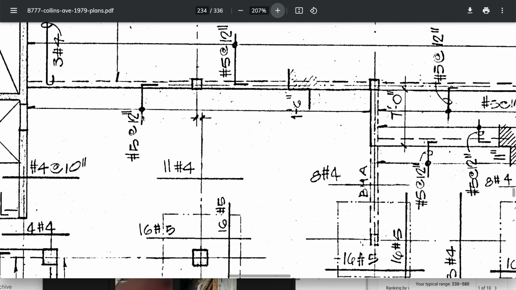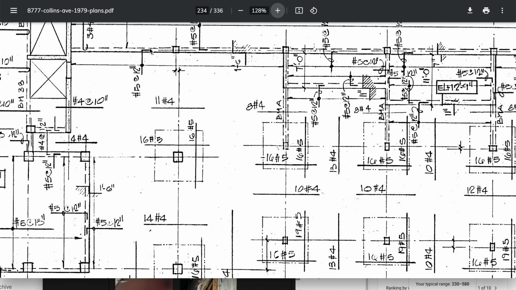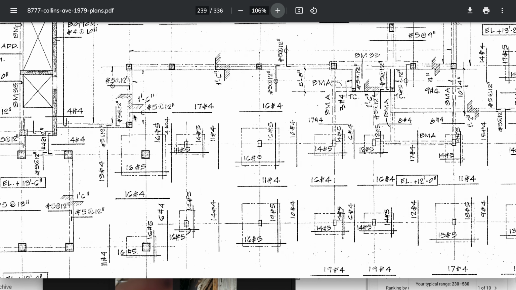But it shows it here that in this one on August they used 5 number 12s. They were tying into the structure, and that's 234. Yep, page 239, that this appears. They still tie into it, this direction and this direction with 5 number 12s.